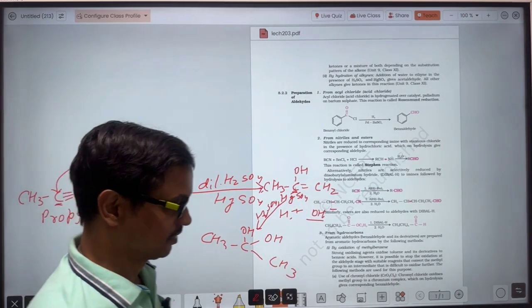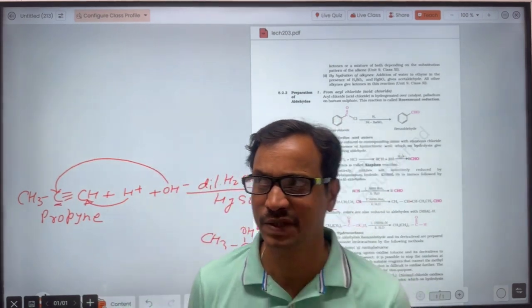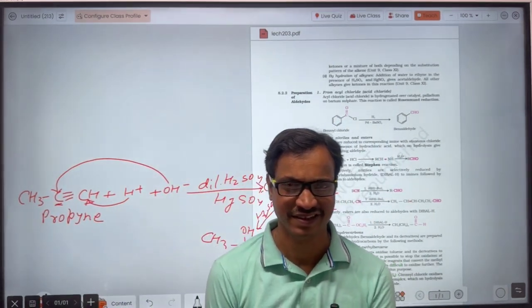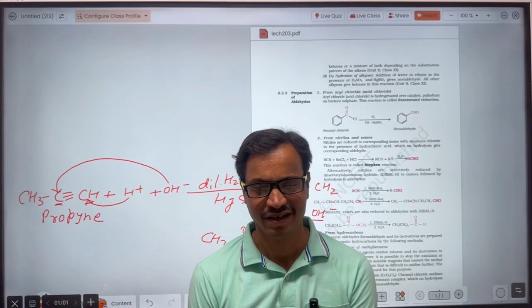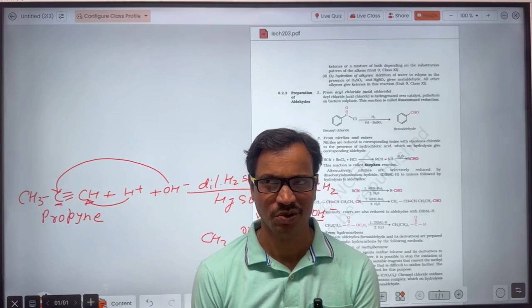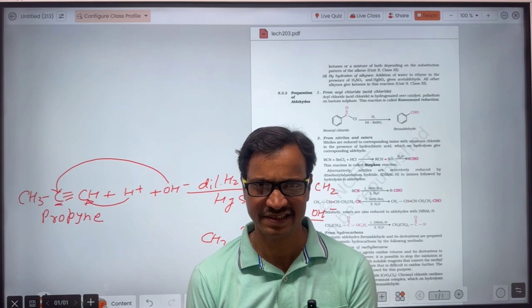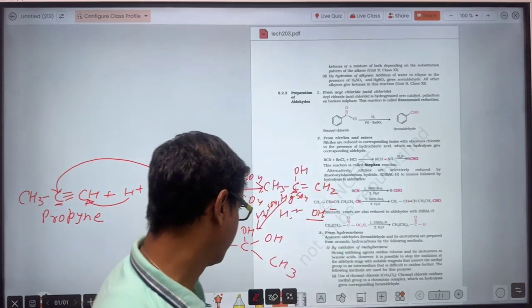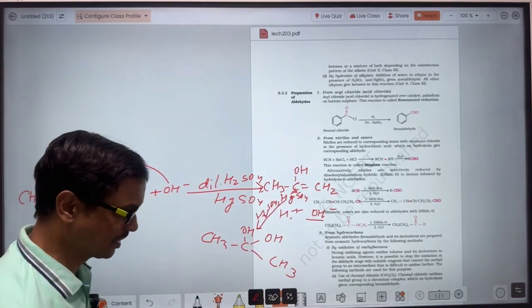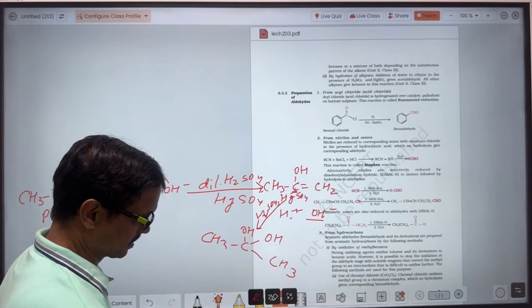When two OH groups are bonded to the same carbon, that compound will be unstable. So the hydrogen of one OH will combine with another OH and form H2O. Either this hydrogen will combine with this OH or this hydrogen will combine with this OH.